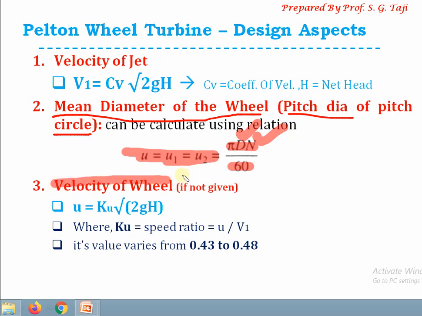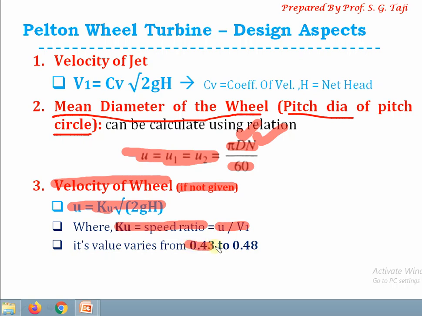If the velocity of wheel u is not given, then first compute the velocity of wheel by using this relationship: u is equal to Ku under root of twice of gH, where Ku is the speed ratio, which can be calculated as velocity of wheel upon velocity of jet, small u upon V1.